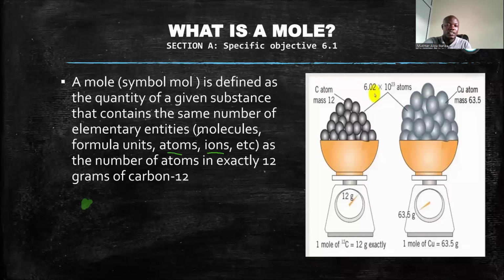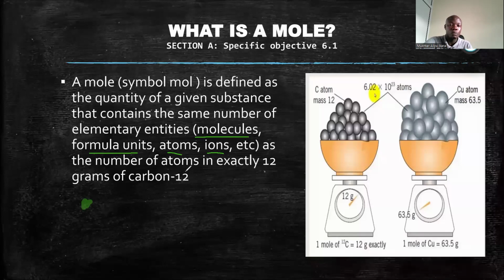So all these are considered as elementary entities. So ions, atoms, formula units, and molecules are considered as elementary entities. So a mole is defined as a quantity of a given substance that contains the same number of elementary entities, and these elementary entities can be molecules, formula units, atoms, ions, etc.